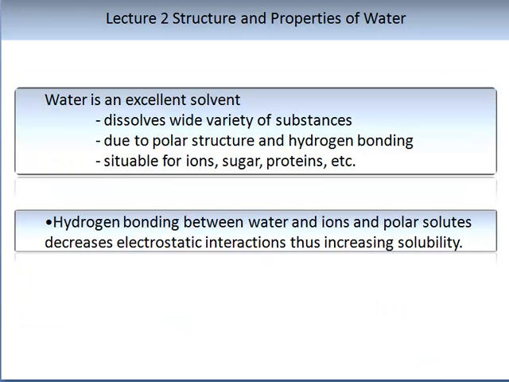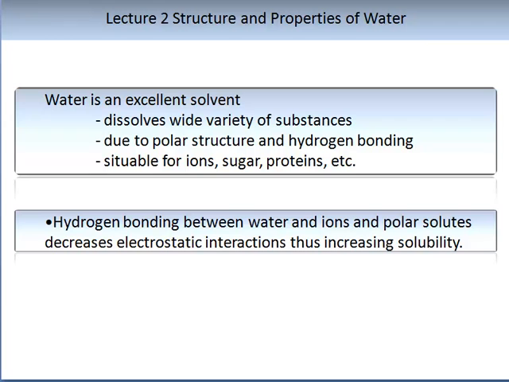You probably already know this, but haven't realized it, that water is an excellent solvent. We use it in many of our day-to-day lives. For example, we may make a cup of tea and add sugar, and the sugar dissolves very well in the water, the tea. Water dissolves a wide variety of substances.